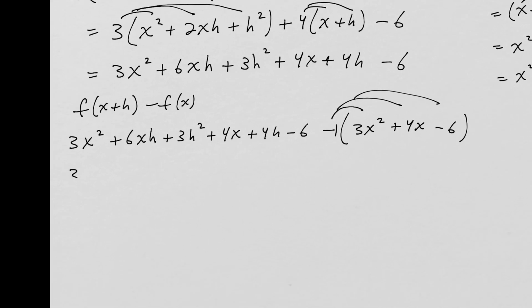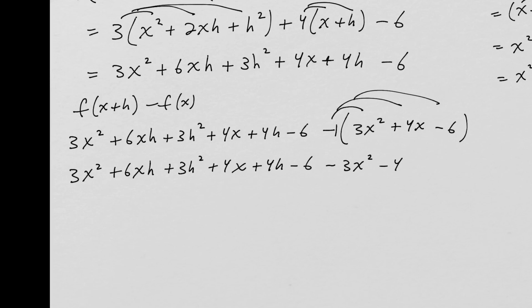So the numerator, I'll write this down one more time. It becomes this, and we're going to find a bunch of things cancel, which is nice. So this becomes minus 3x squared, minus 4x, plus 6.